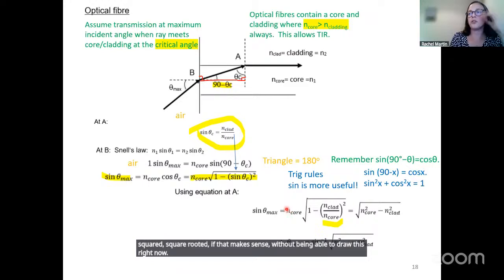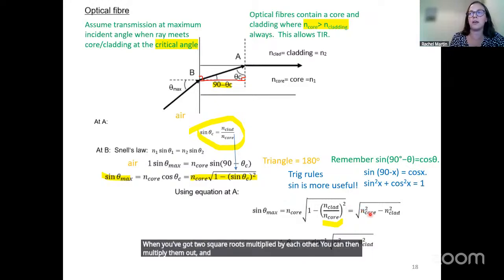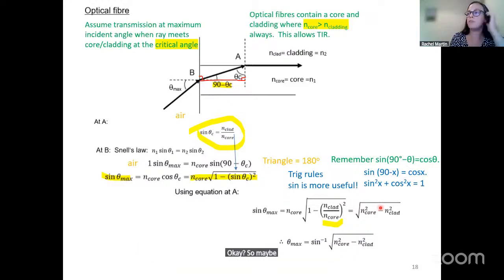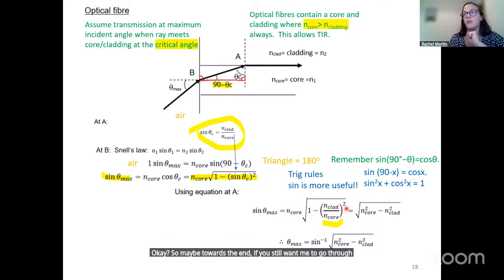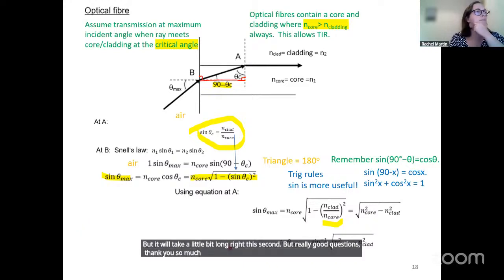When you've got two square roots multiplied by each other, you can multiply them out and you'll end up being able to derive this simplification at the end here. Okay, so maybe towards the end, if you still want me to go through that again, I can draw it out, but it will take a little bit long right this second. But really good questions. Thank you so much, everybody.